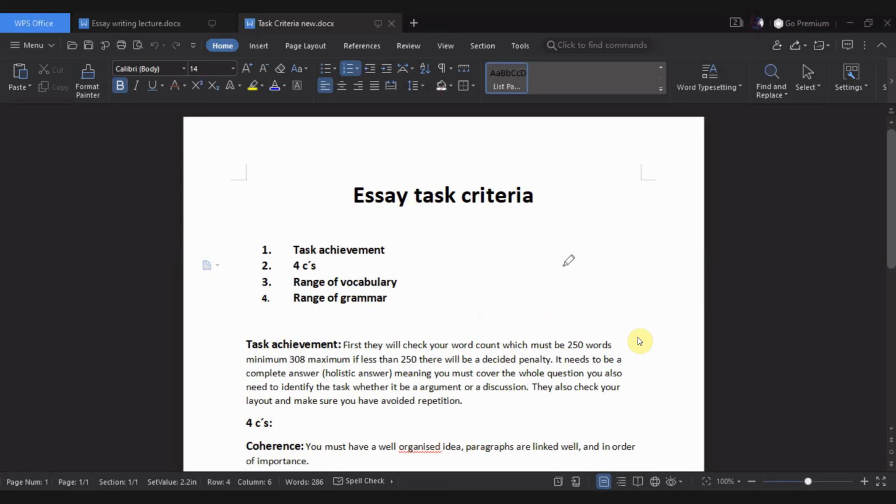In an argument type of layout, the body of your essay would depend on your opinion, whether you agree or disagree. As for your discussion type of essay, mostly it's going to just discuss two sides. So imagine, it's asking you whether you agree or disagree, even if it's asking about your opinion, and then you use a different layout, which is you discuss two sides.